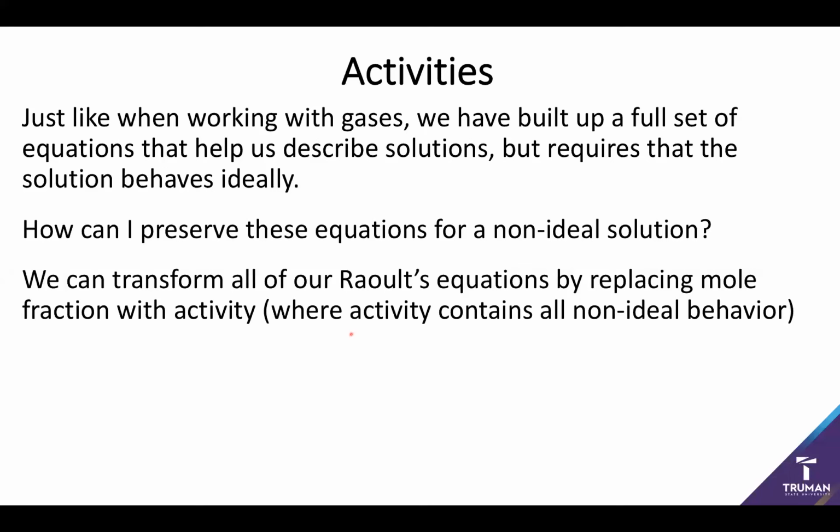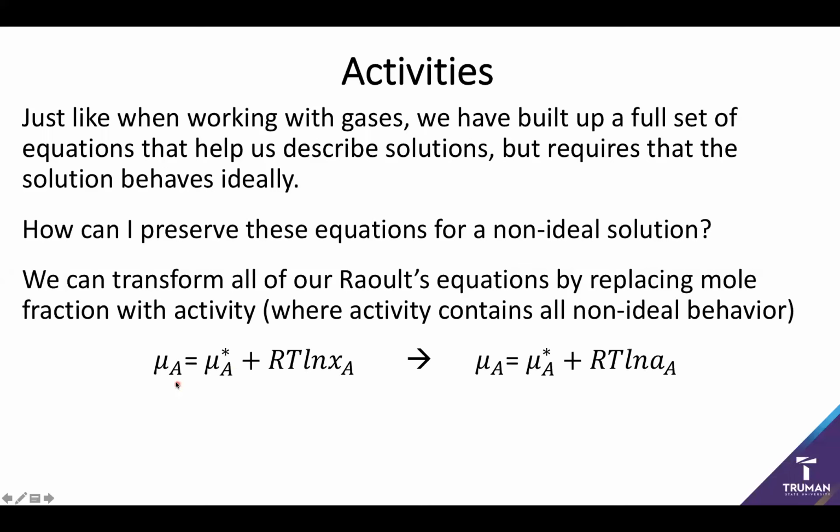So let's take a look at how we can correct Raoult's law. Under Raoult's law, we make the assumption that I can describe the chemical potential of a system by knowing the chemical potential of the pure state plus essentially RT times the natural log of the mole fraction. So all I'm going to do is replace the mole fraction with the activity of the same species. But remember what this equation was actually supposed to represent.